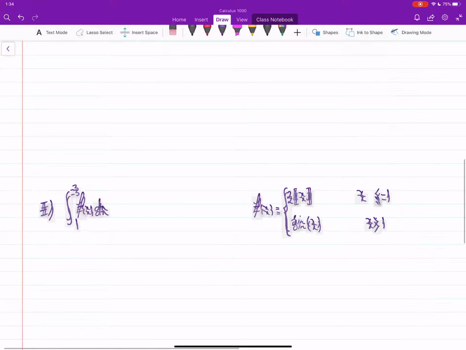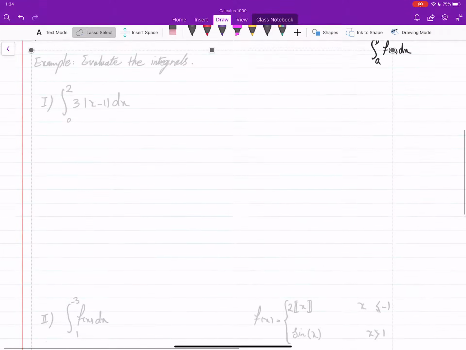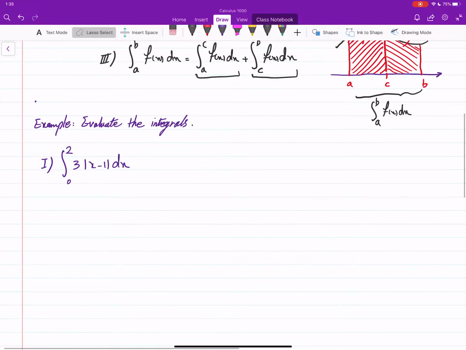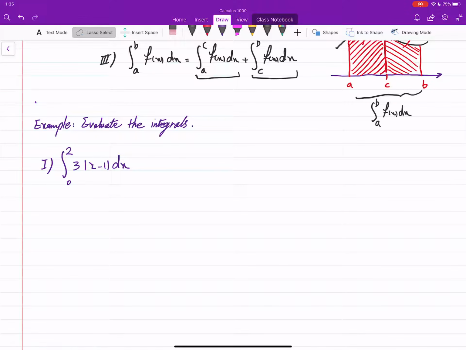Specifically, this last property is useful when you have a function defined using different formulas, so piecewise defined functions. See how this works, it is nice. Here you see this is constant, I can take it out.